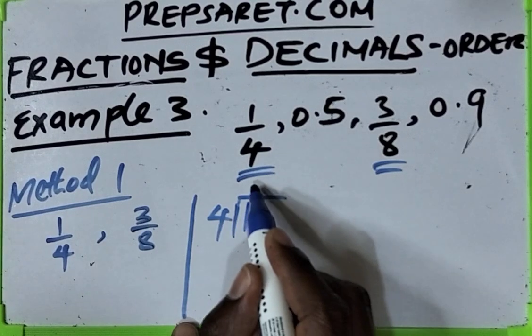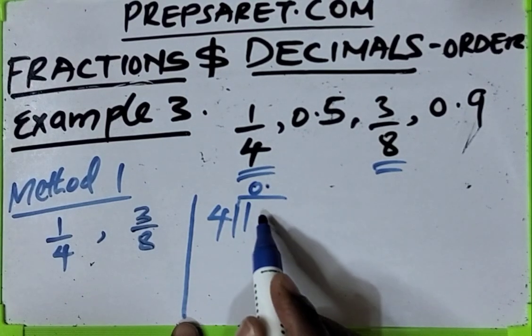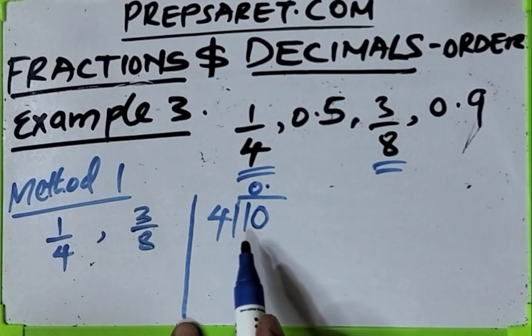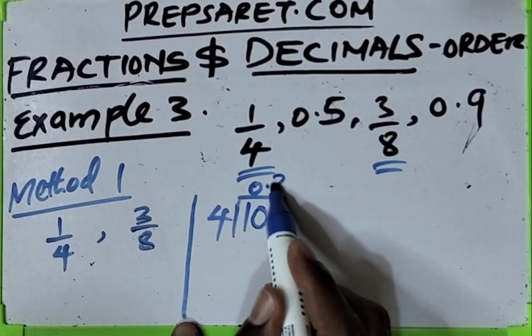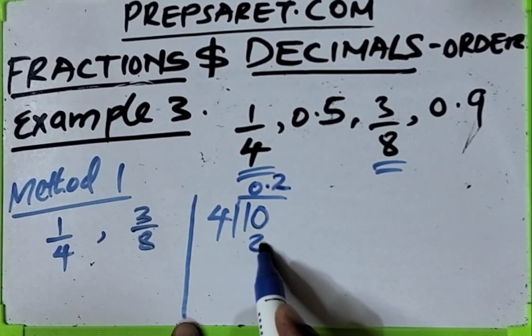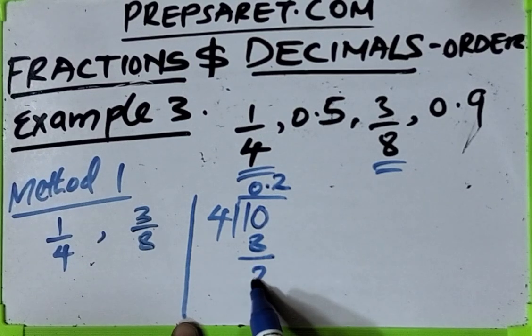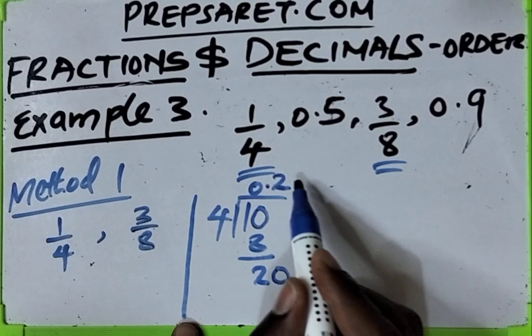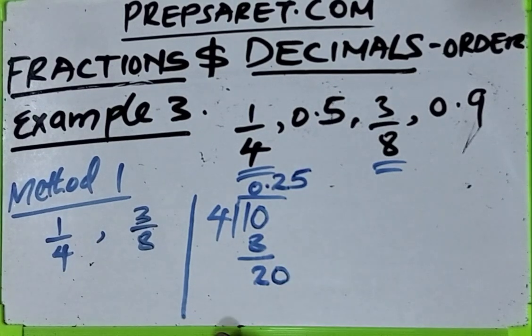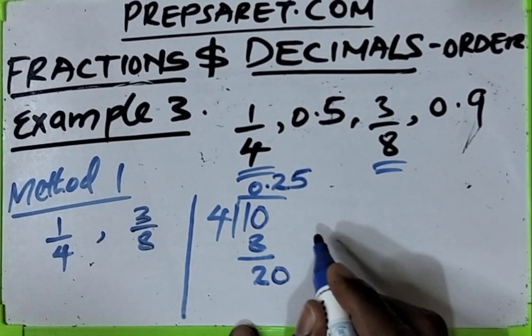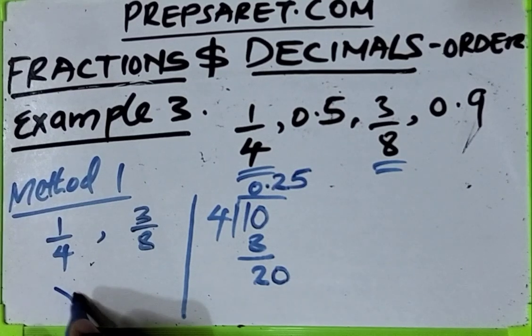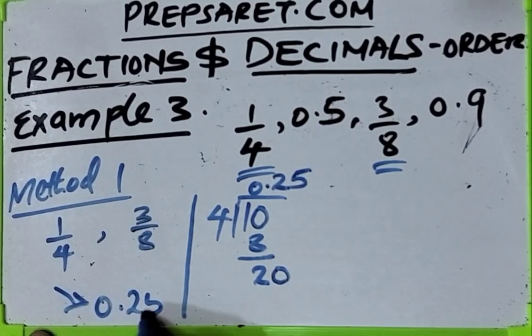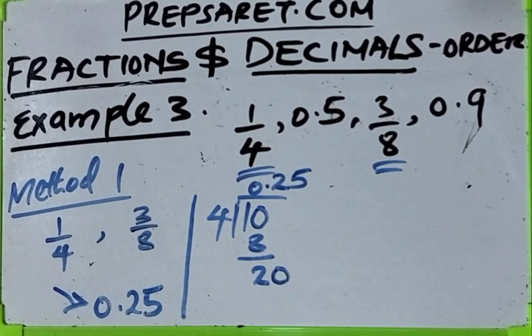You start with 0 point, then you add a 0 here. 10 divided by 4 is 2 because of 8, then we remain with 2. You add another 0, then 20 divided by 4 is 5. In other words, 1 over 4 can be written as 0.25. If you use your calculator or even this long method of division, you get 0.25.